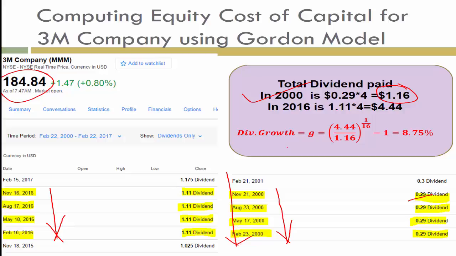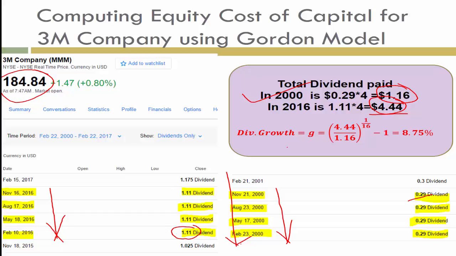Again in 2016 dividend was paid 4 times and each time $1.11. That means 4 times $1.11 is going to be $4.44. That means the total dividend paid in 2016 is $4.44.